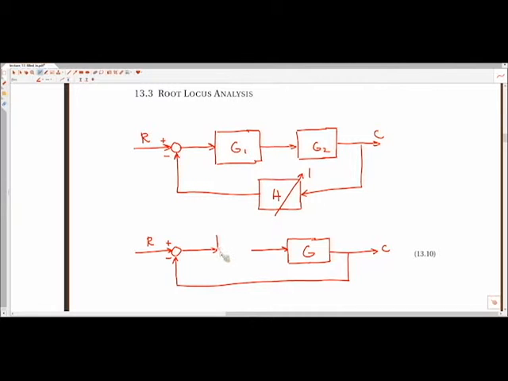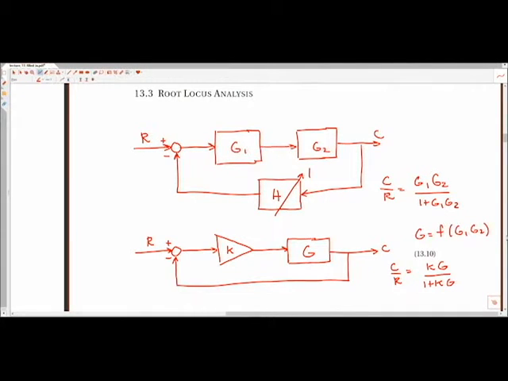Then we're going to have a single variable of interest that we care about varying, because we want to understand how the poles move around, and we're going to call that K. So this is just a really generic representation: all dynamics in G, a single parameter that we want to vary in K. That means here where the transfer function would have been C over R is equal to G1 G2 over 1 plus G1 G2, here we'd say that C over R is equal to KG over 1 plus KG, where G is a function of G1 G2 where we pulled out the parameter that we care about.